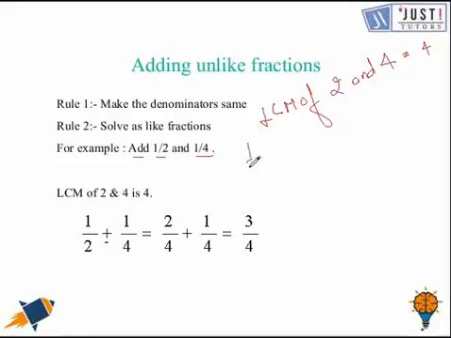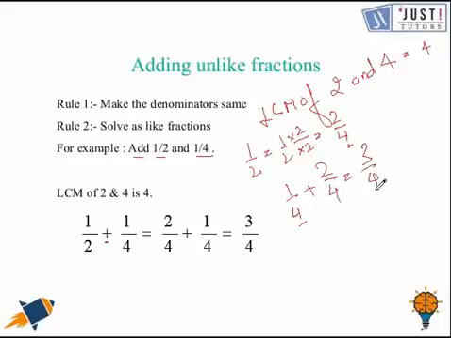So 1/2 times 2 on the top and times 2 on the bottom gives us 2 over 4. The next one is 1 quarter, and we don't need to change it because the denominators are now the same. The next step is to add them. So 1 quarter add 2 quarters gives us 3 quarters. So the answer is 3 quarters.